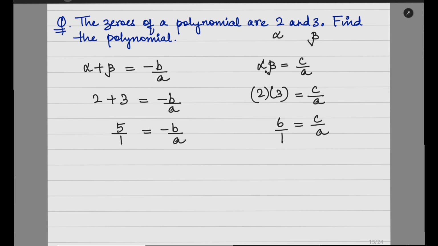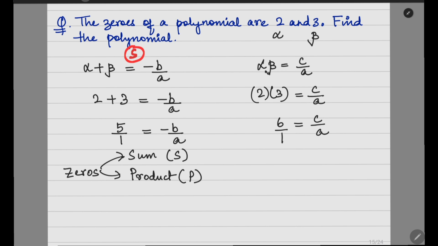One thing that you have to remember here is that you have to find the polynomial. So the formula to remember is this: from the zeros, you have calculated the sum and you have calculated the product. Sum is S and the product is P. Here this is your sum and this is your product, correct?